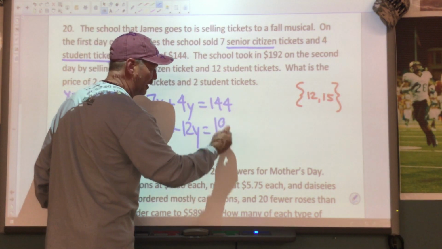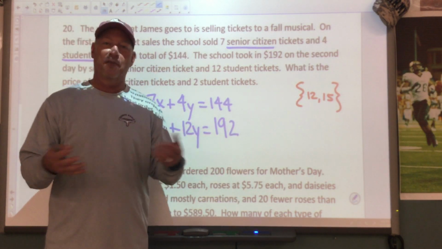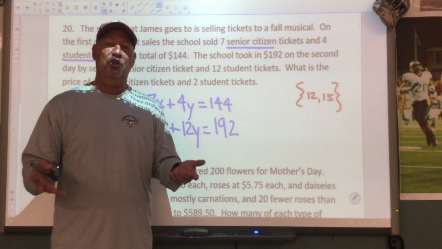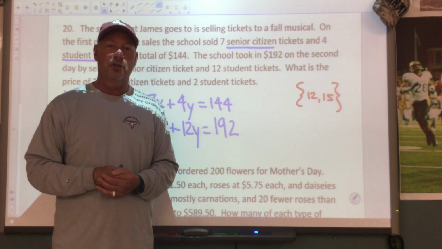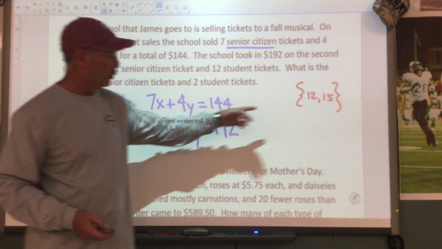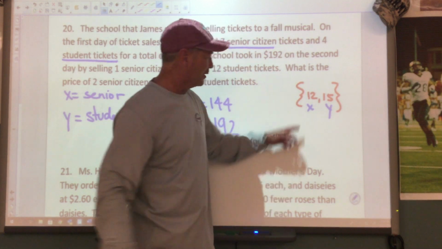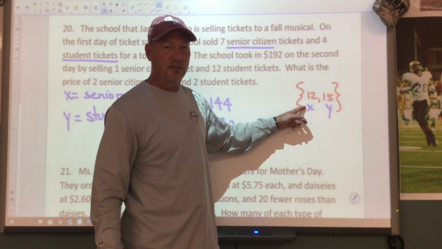And there's your 192. Now, again, you could solve this by elimination if you wanted to, but we have shown you how to use your calculator to do this. And when you put this in your calculator as a system, you're going to get this as your x value and this as your y value. This will be the cost of a senior citizen ticket.